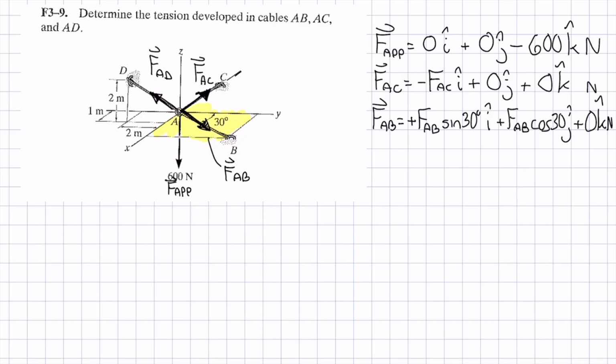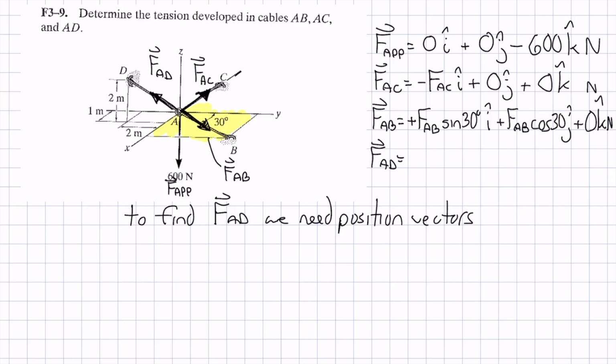Now, the problem with FAD, we have to use a little bit of a technique here. So I'm just going to leave FAD right here for now. To find FAD, we need to use the position vectors. And this is what we did in module 1.